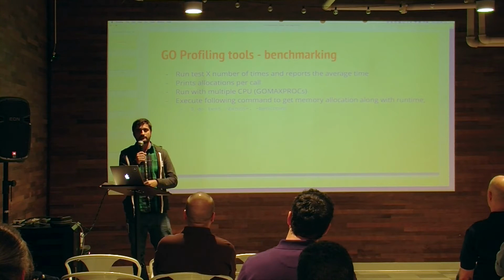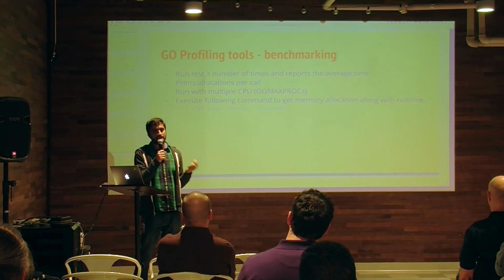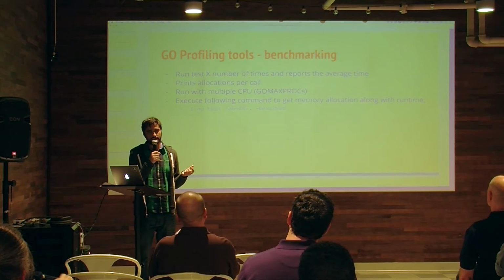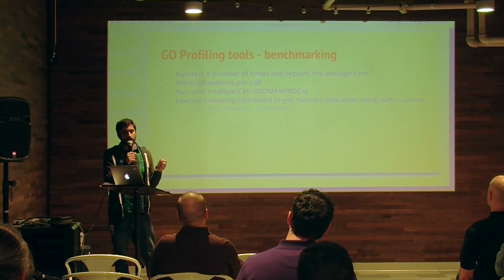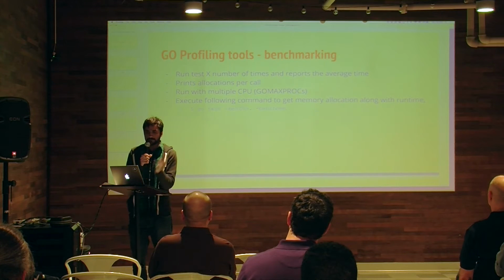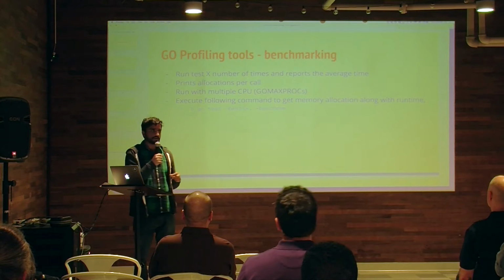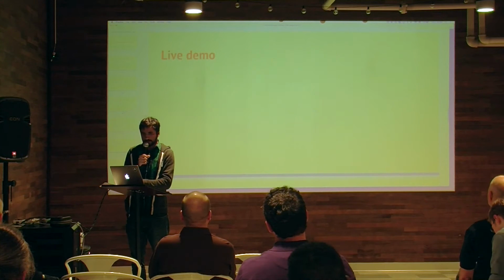This benchmarking framework will run it something like 20,000 times. It will give you the average time the method took. Another thing it shows you is how many allocations or buffers that method allocated in each run. And you can also play with multiple CPUs, one CPU, 2, 3, all those kinds of things.